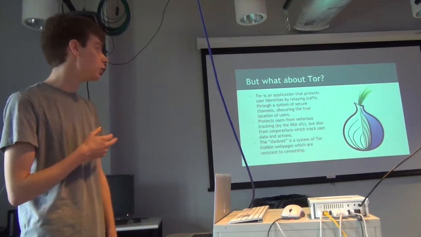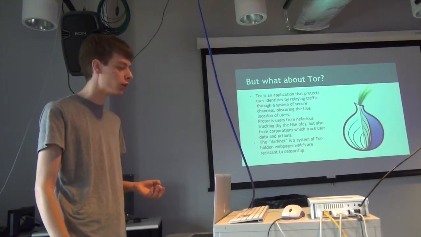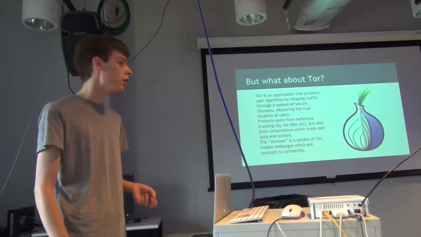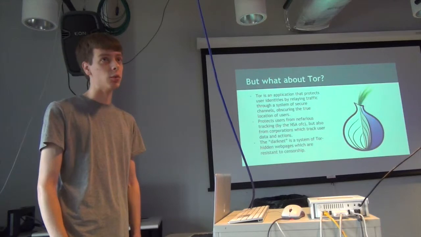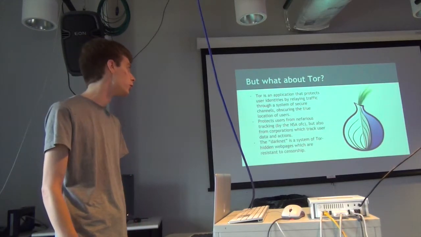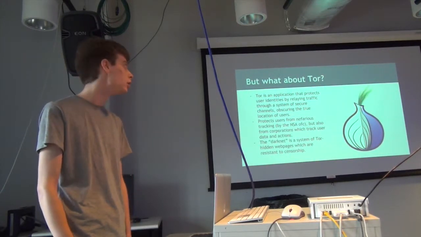An alternative to .bit sites is Tor. And Tor is basically a system for hiding web pages, and it works fairly well. It's been fairly popular with a couple online drug communities, most notably Silk Road, which was taken down in, I think, 2011.